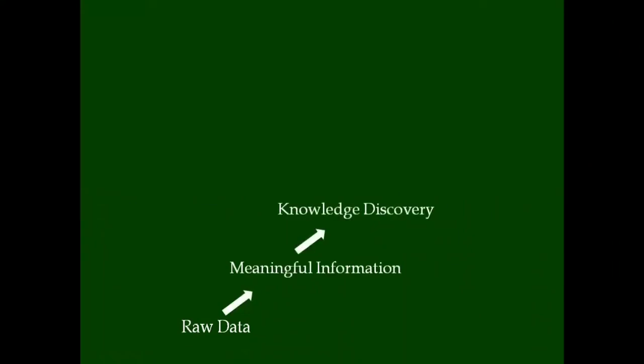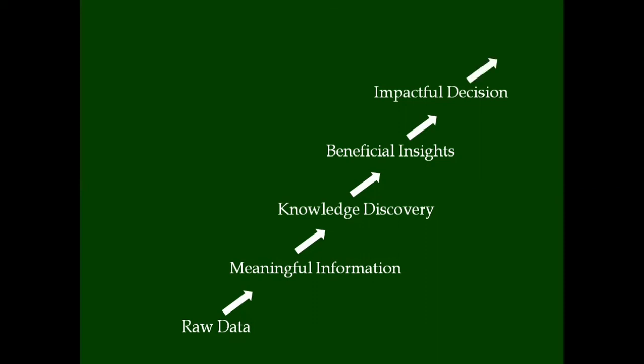We can understand these four steps in detail by this slide. First of all, we have raw data. After that, we have the meaningful information. After that, we have the knowledge discovery. And after that, beneficial insights. It means business intelligence. After getting the business intelligence, we will find the impactful decisions. We can actually know what we have to do.